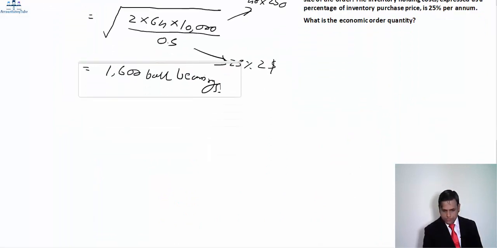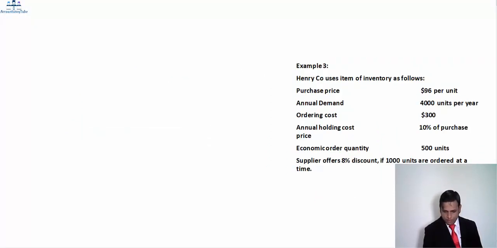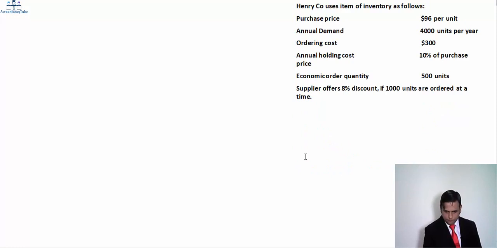I have included an example around discounts as well. Now, before going into this area, let's read out what the question is telling us. Handicodes uses items of inventory as follows.